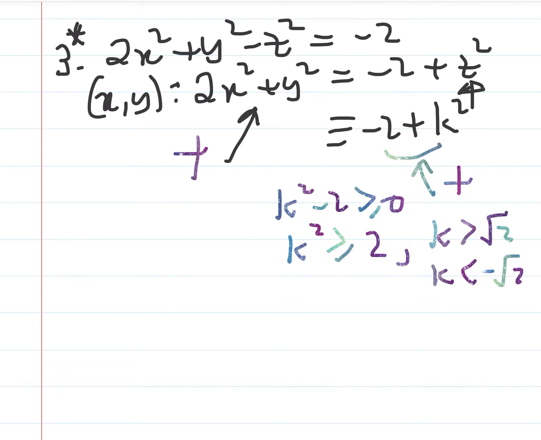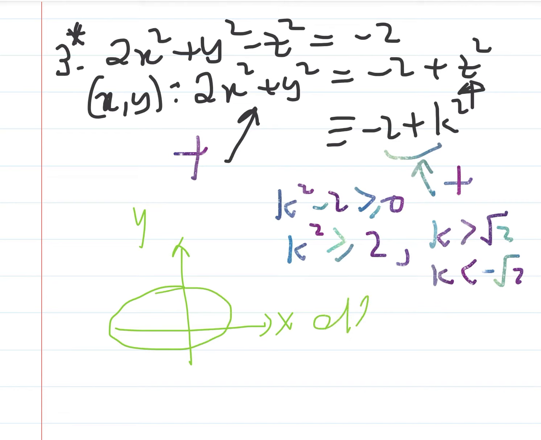So let's just look at what happens now. This is now the projection on the xy system. And when this condition is satisfied, the 2x squared plus y squared equal to the constant on the right hand side gives us ellipses. So these are ellipses.